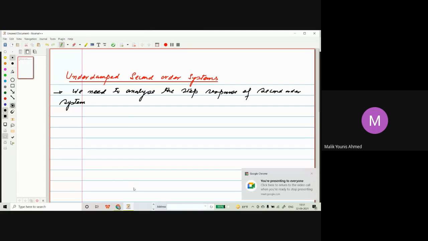Okay. Now our first objective here, the first aim, is to define the transient specifications that will be associated with underdamped response.